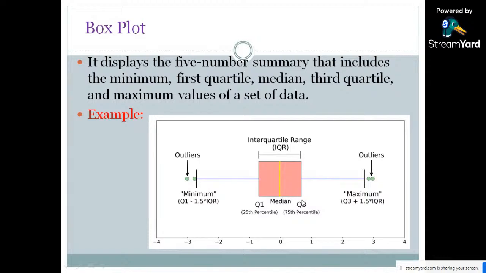From the median, the range is taken as first quartile below, and above side the third quartile. This is the 25% observation, and this is the 25% observation below.